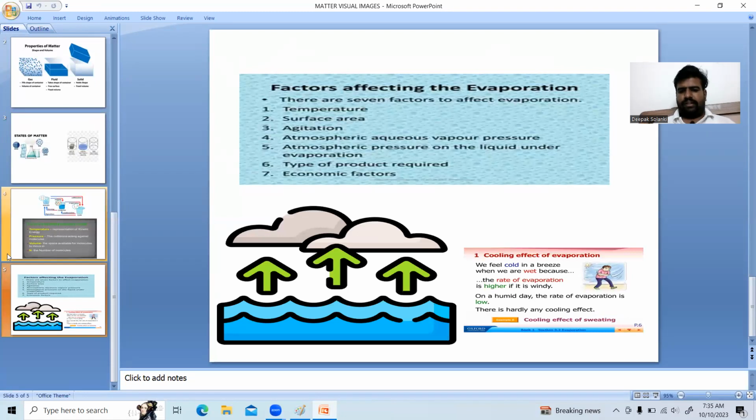The same happens in the case of sweating: when we sweat, the heat is taken away as the sweat evaporates and gives us a cool feeling. So that's all about matter, an introduction to matter. Thank you.